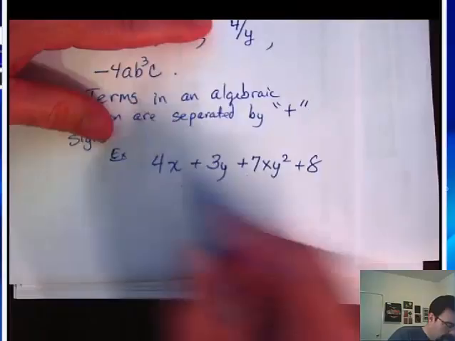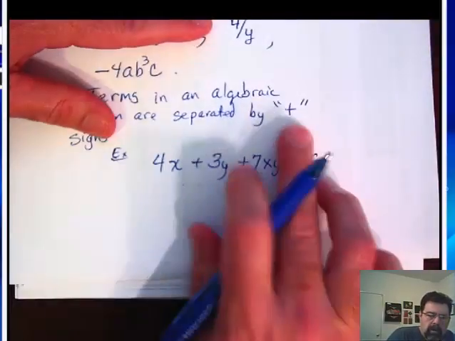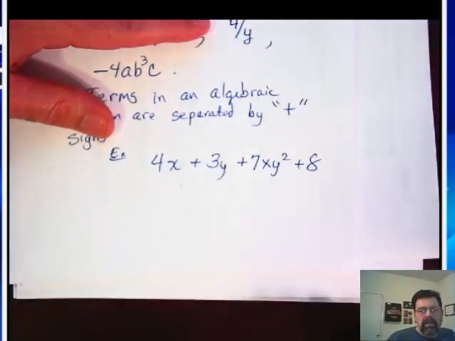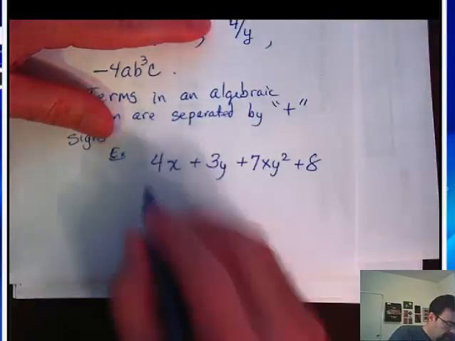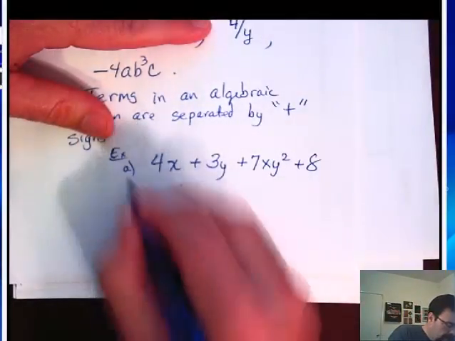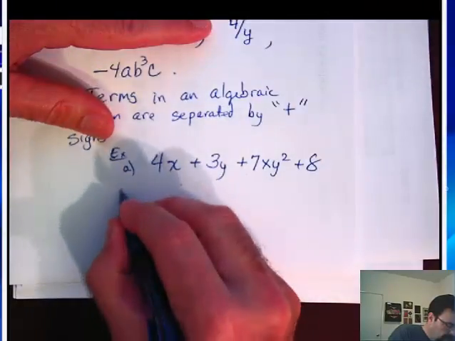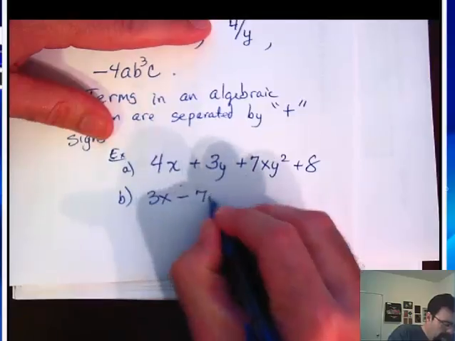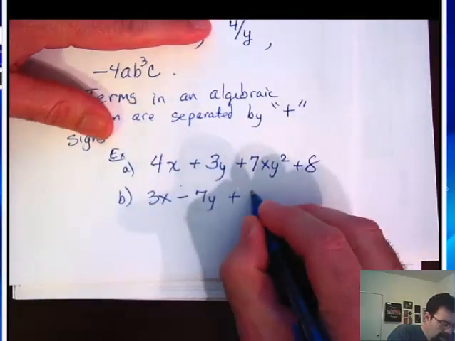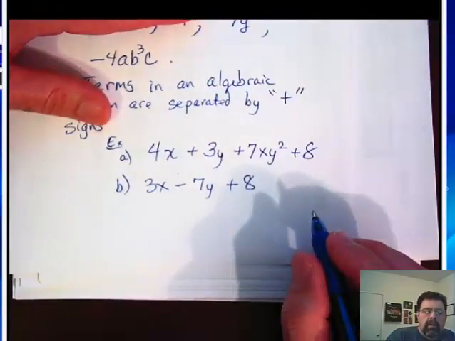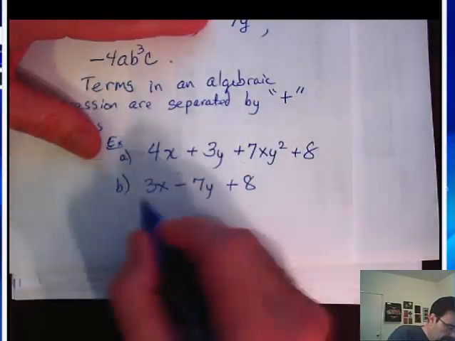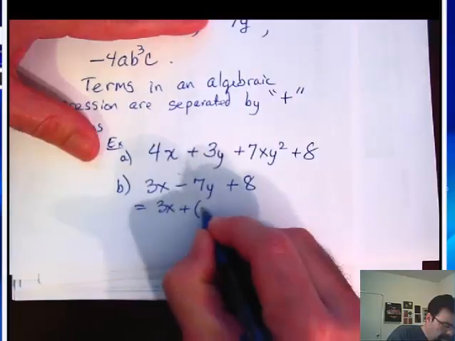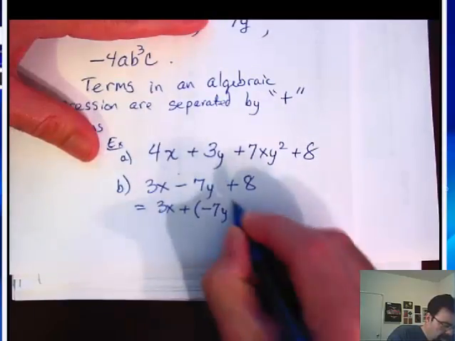But technically, this is the way you think of it, because we always redefine subtraction as adding the opposite. So if I had 3x minus 7y plus 8, how many terms are here? Well, you have to think of this as 3x plus a negative 7y plus 8.